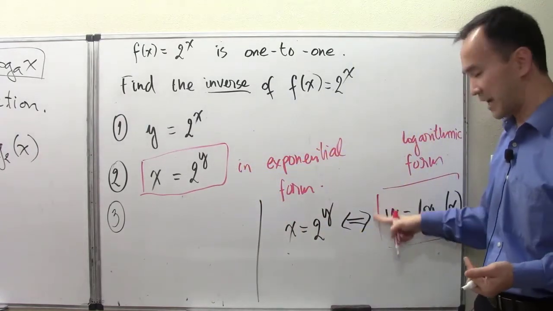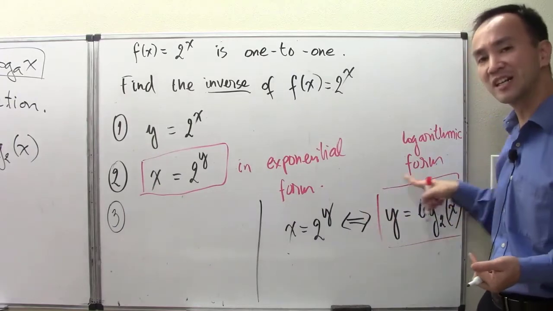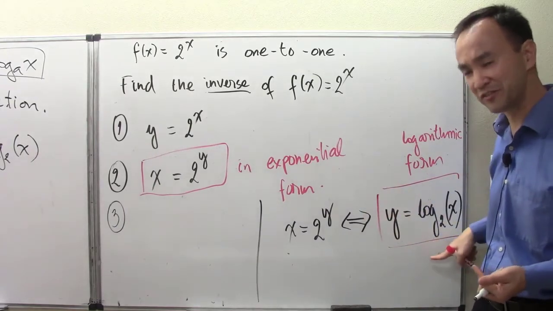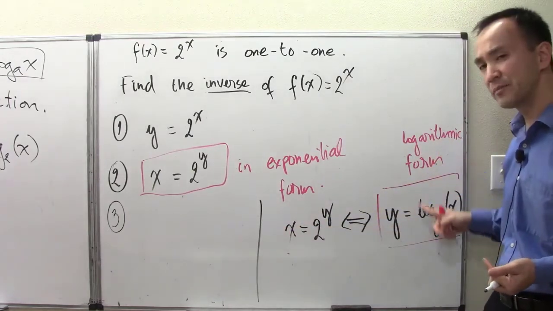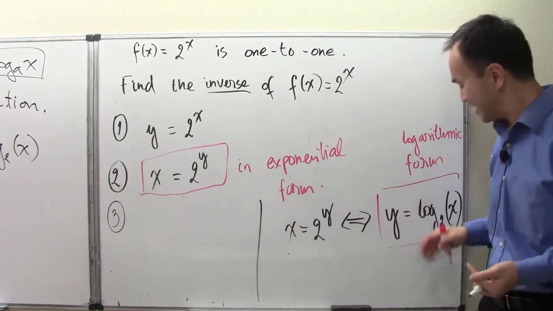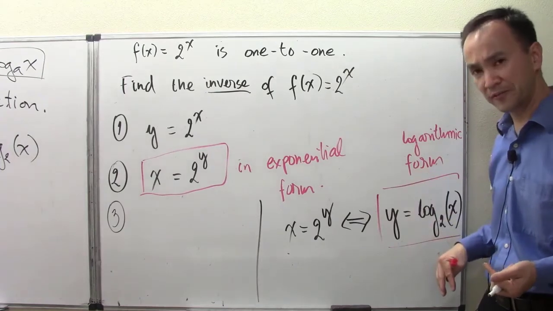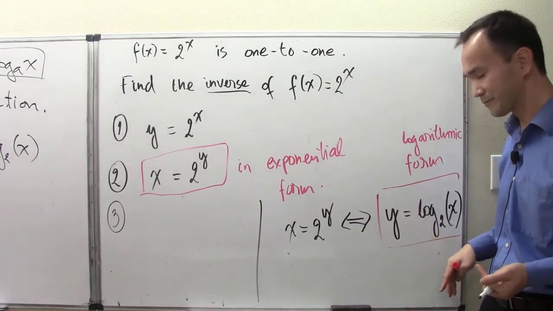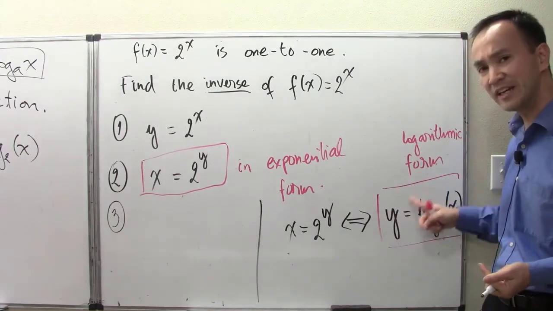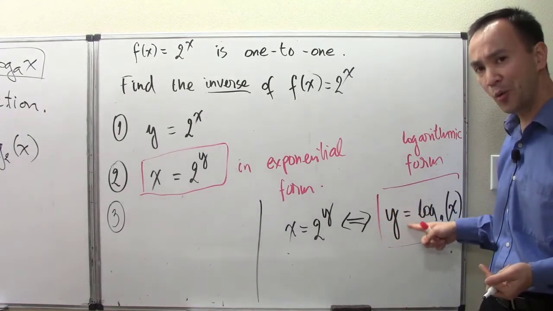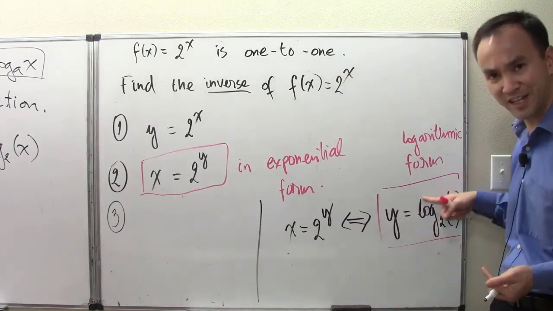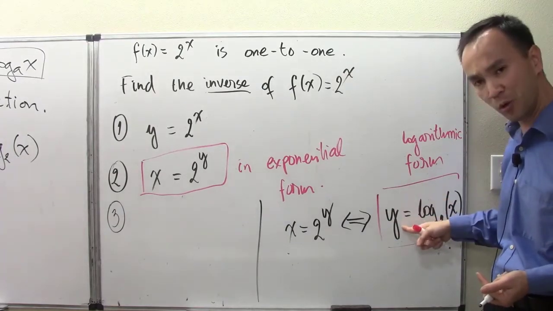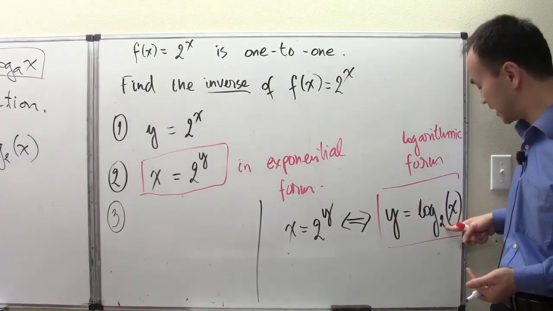But now I apply the skills we've learned in the introduction to logarithm lecture, and we turn that equation into logarithmic form. With this equation in logarithmic form, let's have a closer look. Wait a minute, it's clearly in the form of one single y variable equals an expression in terms of x.